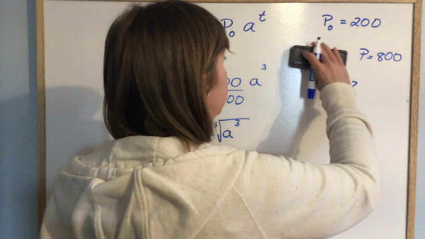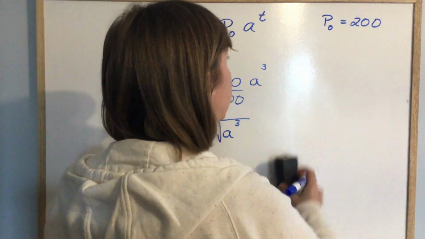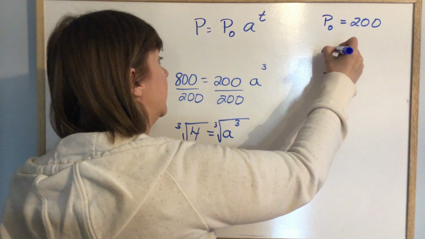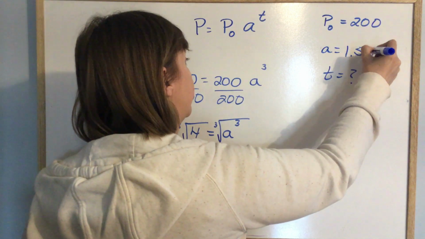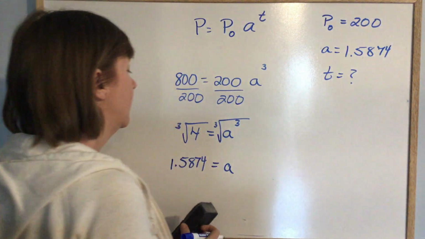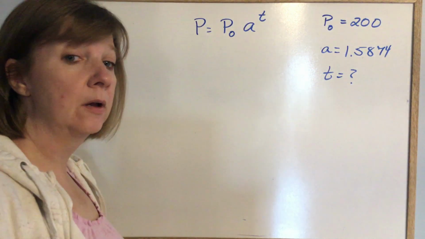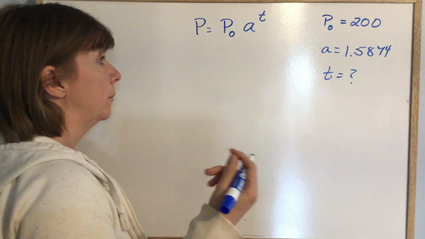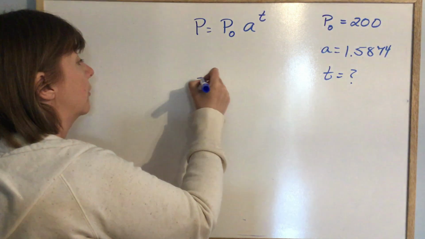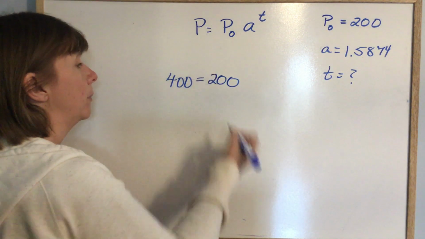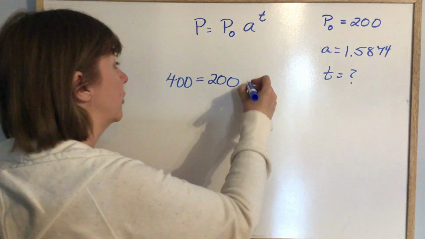So this time, I'm looking for a T. I have now figured out that A is 1.5874. So they want to know how long. They want to know a time, so T, when the population doubles. So if the original population is 200, that would mean the final population would have to be 400.